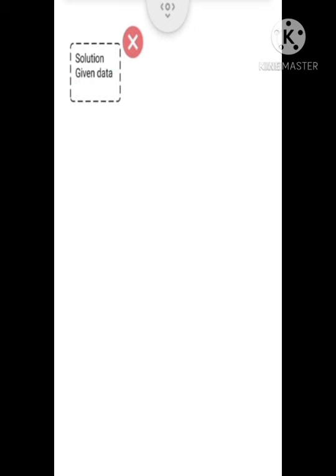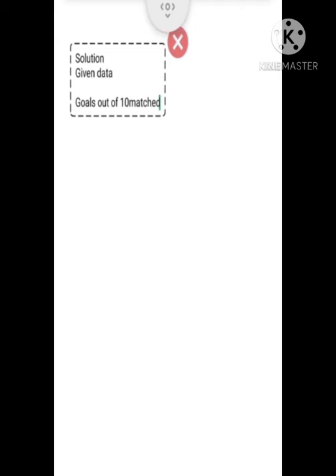The given data is the goals out of 10 matches: 2, 3, 4, 5, 1, 0, 3, 3, 4, 3. So totally 10 goals are there.